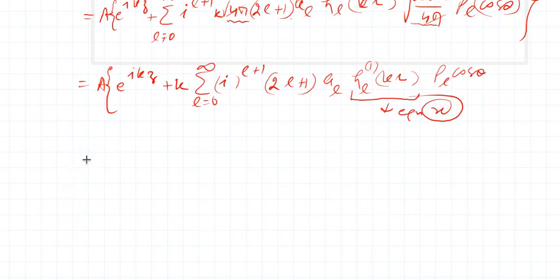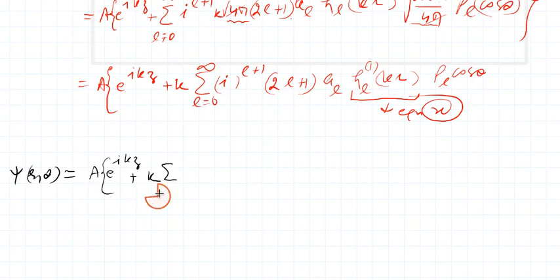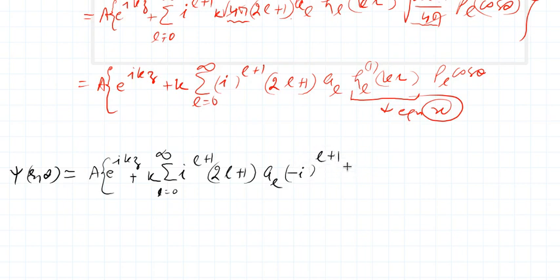So if I put its value, and phi we have taken as constant, that means I can say that phi of r, theta is nearly equal to a e raised to power iota kz plus k summation, L varies from 0 to infinity, iota raised to power L plus 1, 2L plus 1, AL, and minus iota raised to power L plus 1, and e raised to power iota kr over kr.